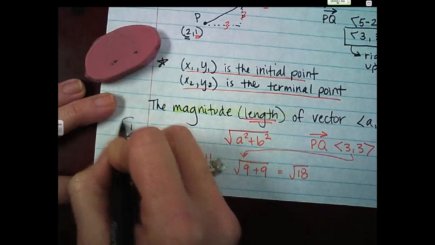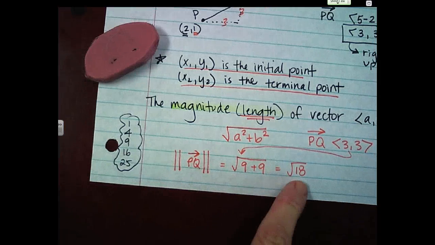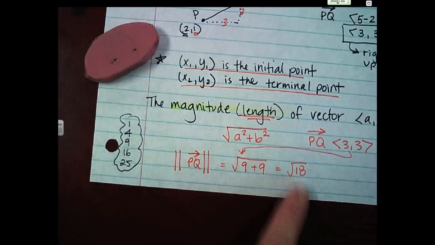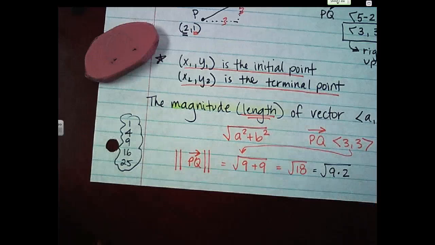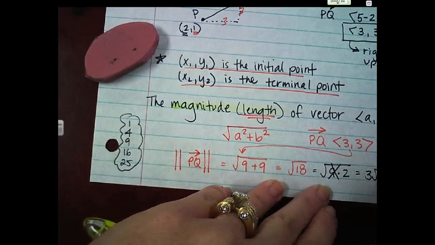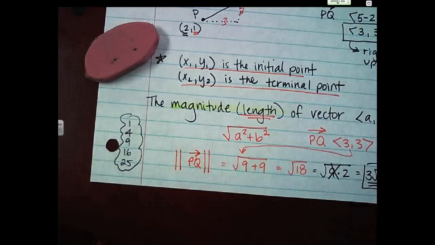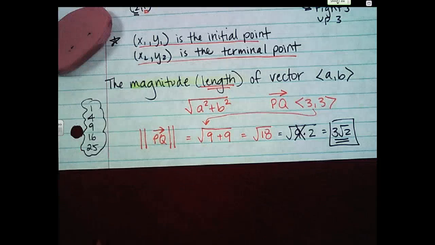Is there a perfect square that divides evenly into 18? What is it? 9. So this is the same thing as 9 times 2. The square root of 9 is actually 3, so 3 root 2. So guys, the magnitude of vector PQ, in other words, the length of vector PQ, is 3 root 2.